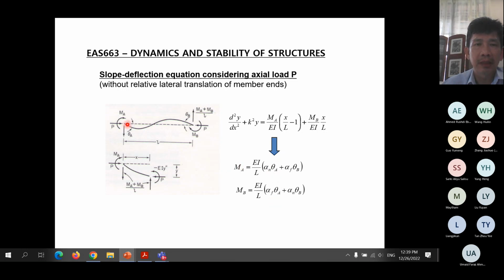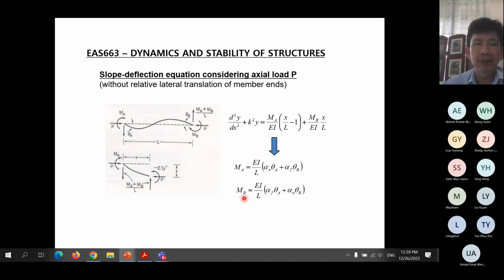So end moment MA, as you can see in this diagram, MA is equal to EI, which is a flexural rigidity of the member, divided by L, which is the length of the member. Then multiply in this bracket here, another symbol that we introduce here, alpha N, multiply with theta A. Theta A is the end rotation at this end, plus another coefficient alpha F, multiply with theta B. This is for MA.